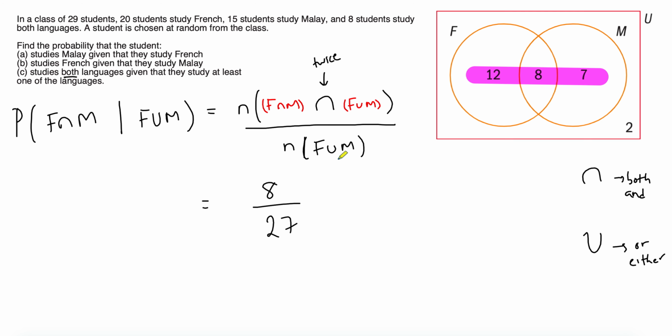So I'm restricted to these numbers, and now I want to see from these numbers, given that they said at least one language, how many study both languages. From this area, it's only 8 that study both languages. So it's 8 out of 27. That's just to make sense of what we've done so far.